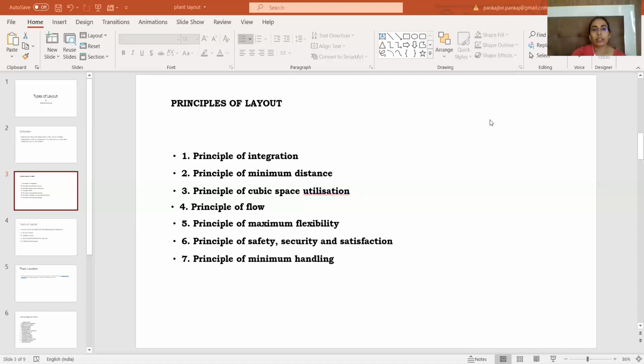The third principle is the principle of cubic space utilization. A good layout is one which utilizes both horizontal and vertical space equally. It is not enough that only horizontal space is utilized, but you can optimize your plant layout by utilizing vertical space also. The next principle is the principle of flow.